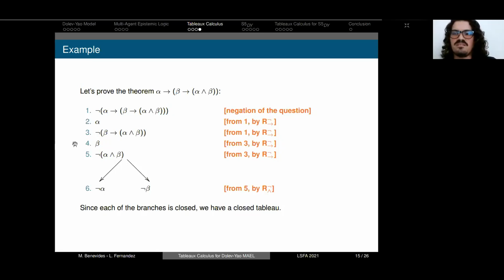Then we have beta and not (alpha and beta). And using the rule not and in line 5, we have not alpha, a contradiction with line 2, and not beta, a contradiction with line 4. Each of the branches closed, so the tableau also closes, and we have proved the theorem.